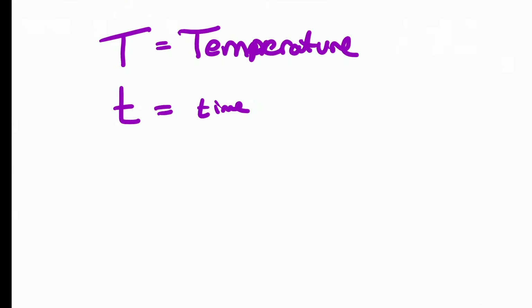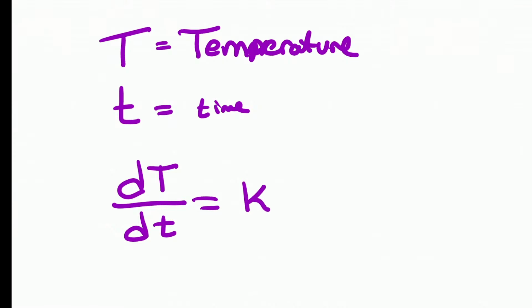Sorry about that. But here's the interesting thing: if you take Newton's law of cooling, it says that the rate of change of temperature with respect to time will be proportional to the difference between the temperature and the ambient temperature.